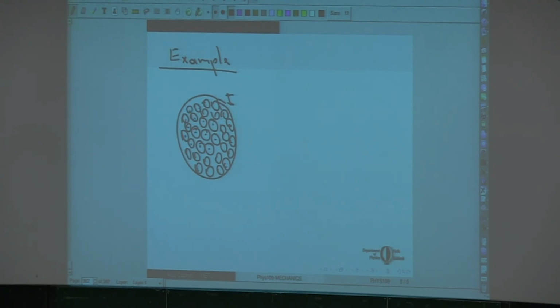These are the magnetic field lines. And what is the magnetic field intensity? Do you remember? Mu naught I n, n being the number of turns per unit length.